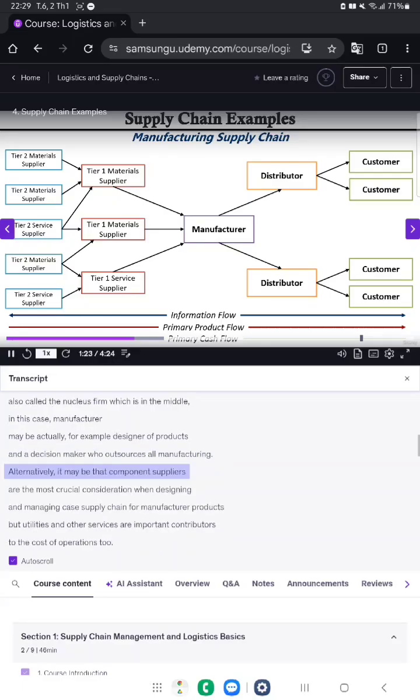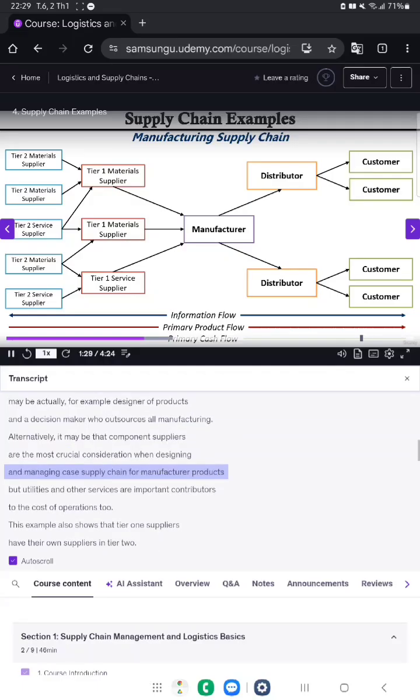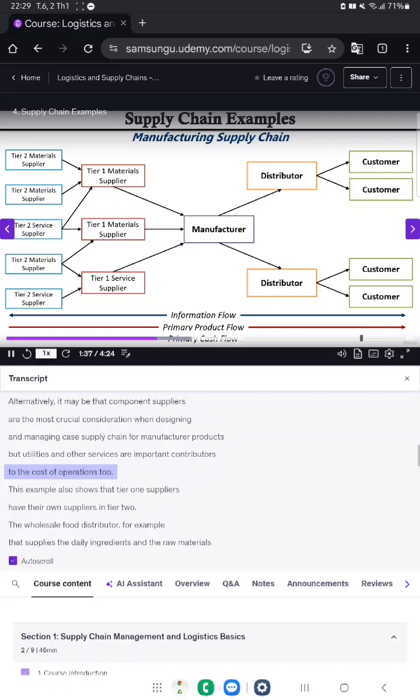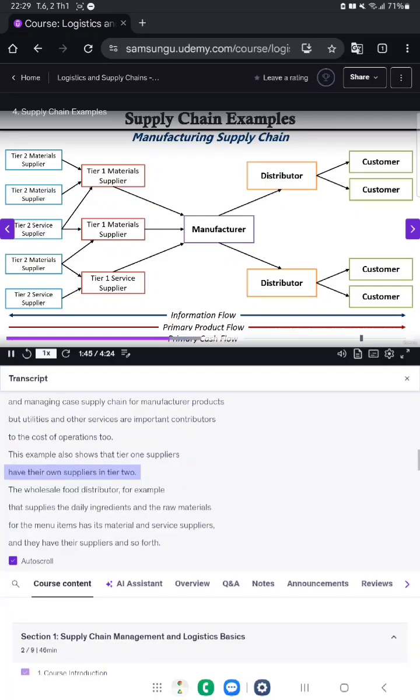Alternatively, it may be that component suppliers are the most crucial consideration when designing and managing a supply chain for manufactured products, but utilities and other services are important contributors to the cost of operations too. This example also shows that Tier 1 suppliers have their own suppliers in Tier 2.